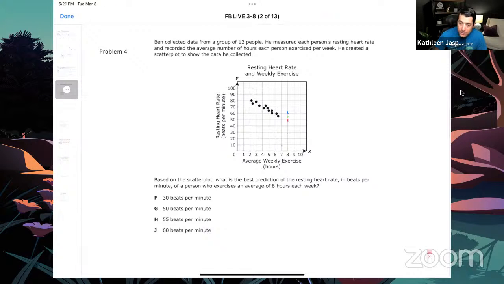You can honestly argue for the blue dot, but out of all three of them, the red dot, which is 50 beats per minute, is definitely going to be the best choice. And that's how you have to think of this problem. It's weird when you can't really tell 100%, there's a little bit of doubt there. That can be dangerous. So just go with the best one that you can.